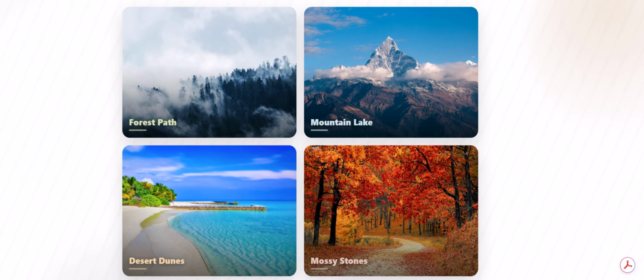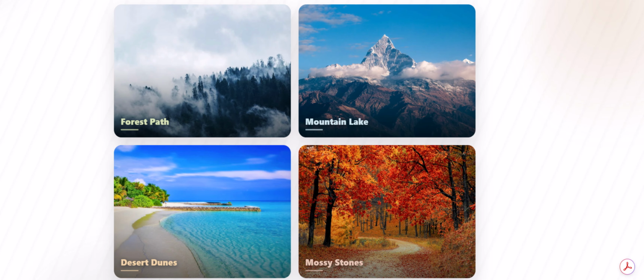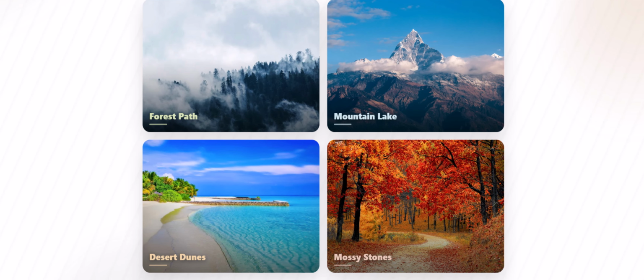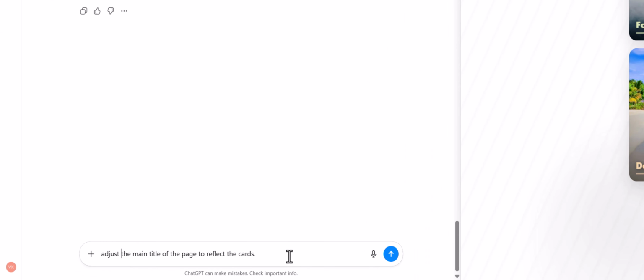However, it looks like ChatGPT thought we were still working on the titles on the bottom left of the actual cards themselves. And it brought it down just a little bit, but it did add a little dynamic element, a little shape there, an underline in the front, that I think we'll go ahead and we'll keep for now. So now let's go ahead and give it a little bit more instruction.